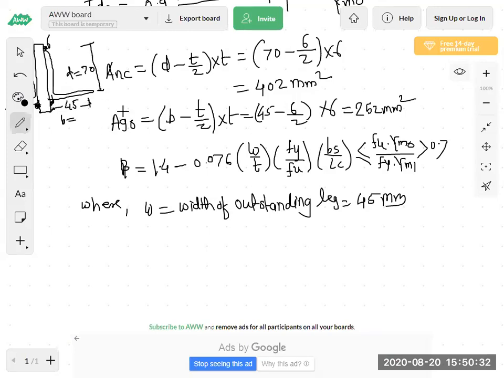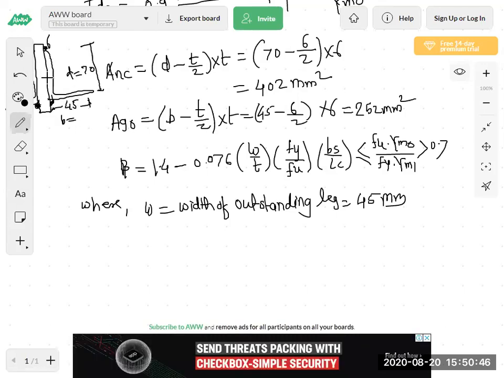Now see, they have not mentioned in the problem statement which leg you have to connect. So you have to assume. If you assume the 45 leg is connected, then instead of 70, 45 will come.